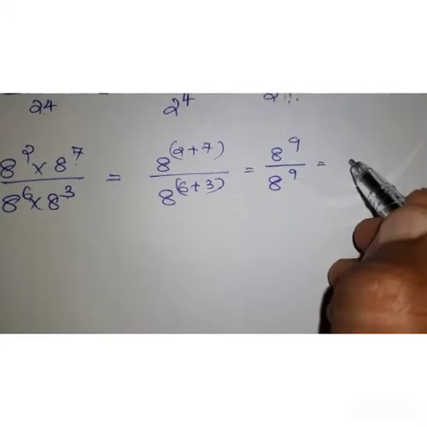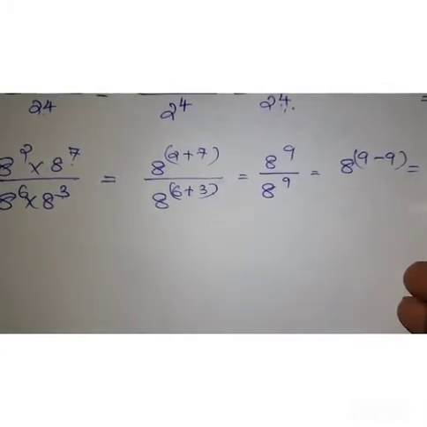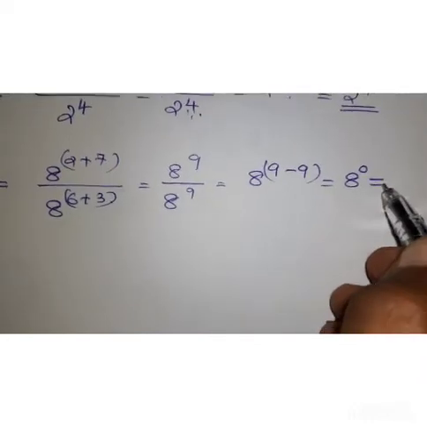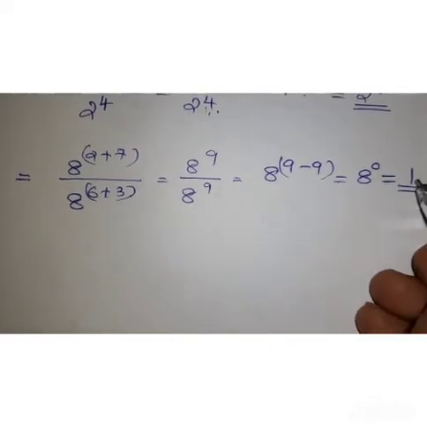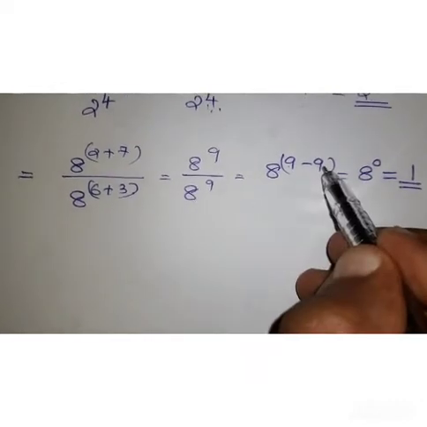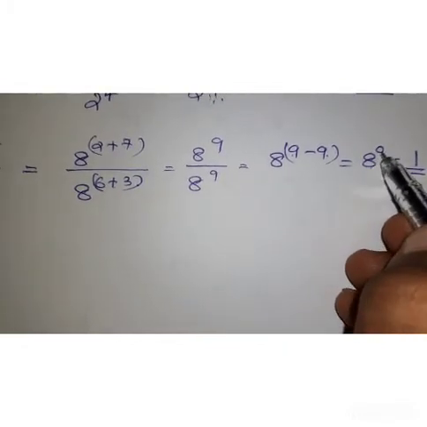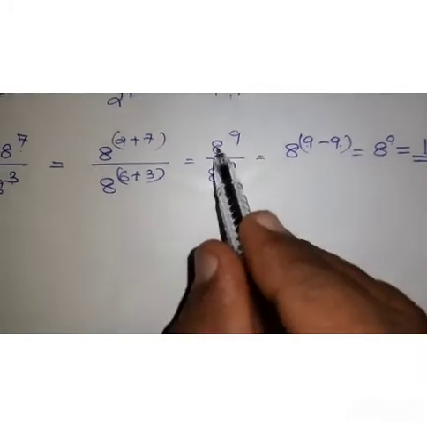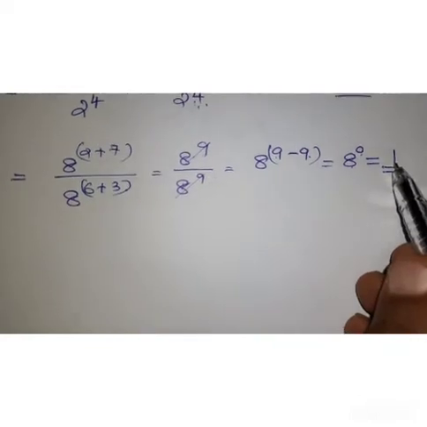Or we can write 8 raised to 9 minus 9, which is 8 raised to 0. Any number raised to 0 is 1. The power is subtracted, we get 0. Otherwise, the same numbers we can divide, so we get the answer 1 itself.